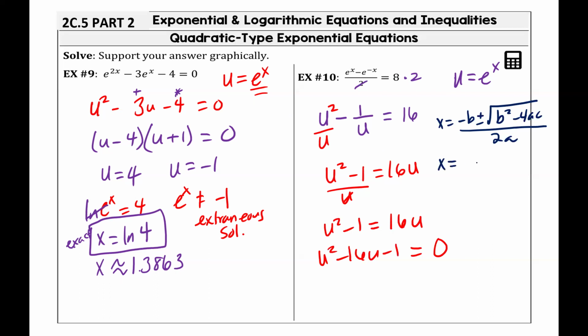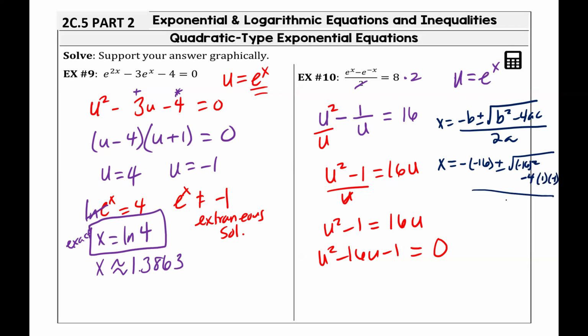So we have x equals, a negative times a negative is a positive. So -16 plus or minus the square root of b squared minus 4ac, all over 2a. I'm not going to have enough room to write this. I didn't plan this out well.